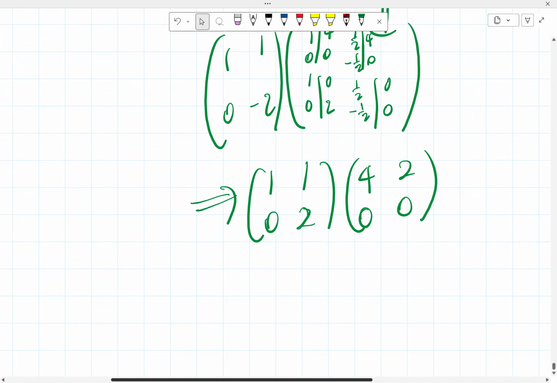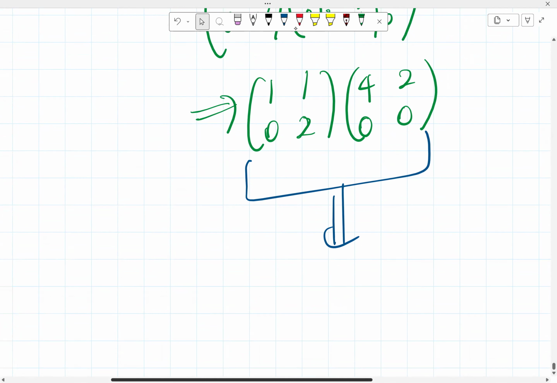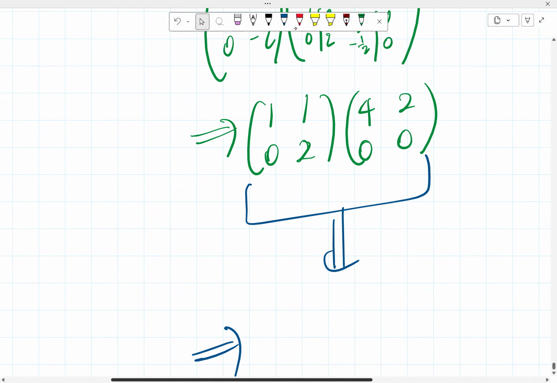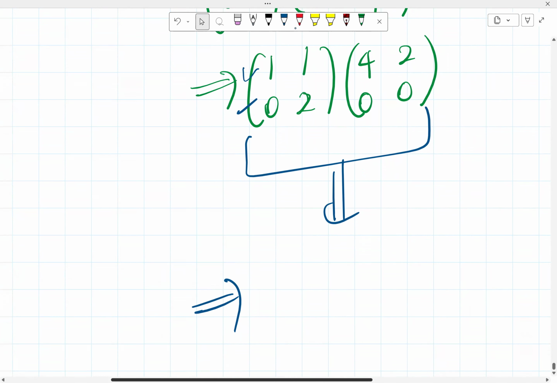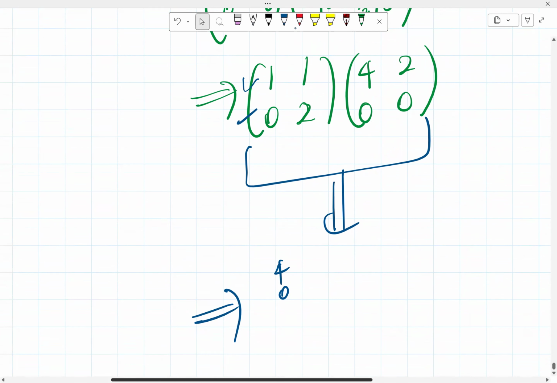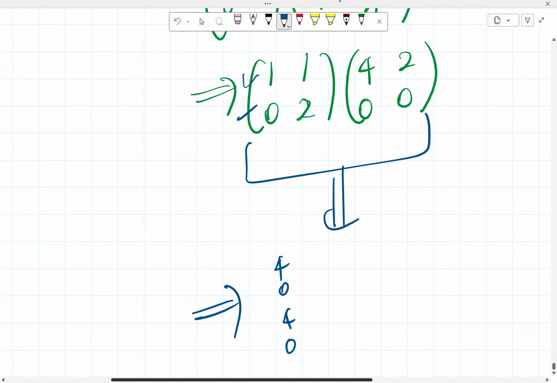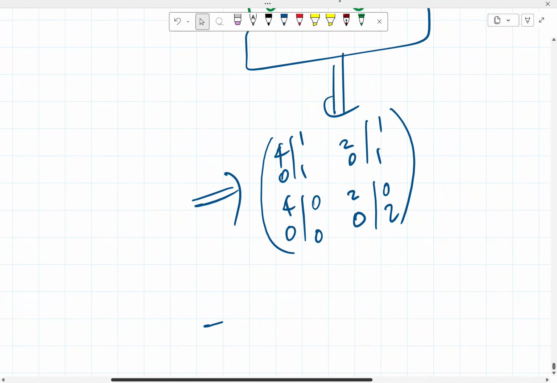So again, we go for the next level. These two things multiplied. Two rows again, we write the columns twice each. So you have 4 0 4 0, then 2 0 2 0, then put 1 over this, 1 over this, and 0 2, 0 2. So this is 4 times 1, there is 4, 2 times 1 is 2, this is 0 here, and 0 2 here.